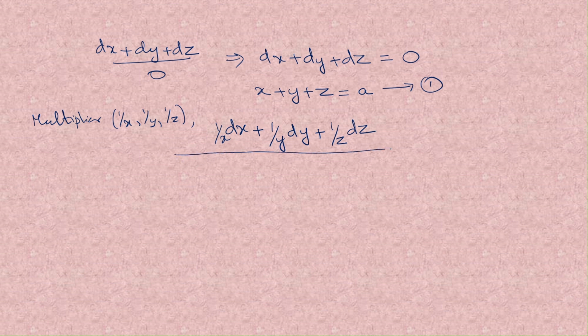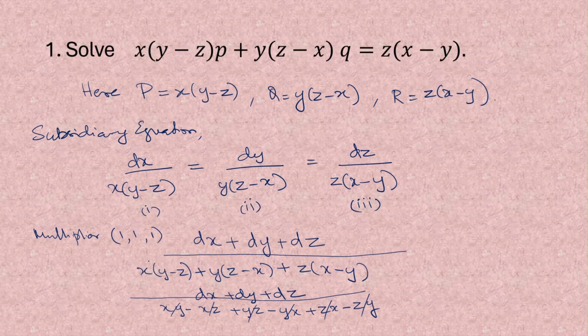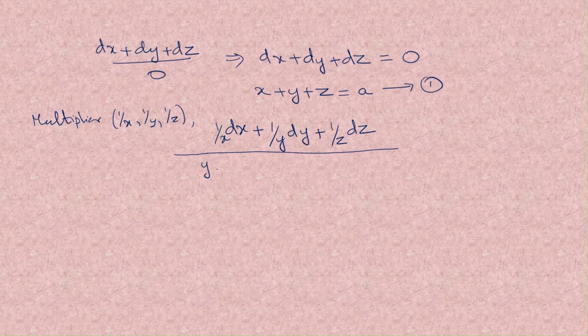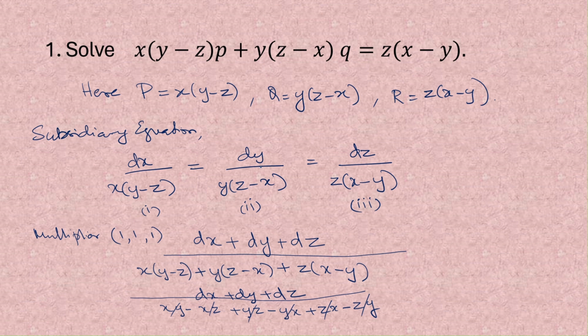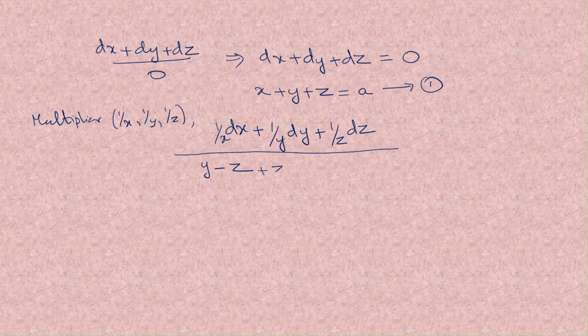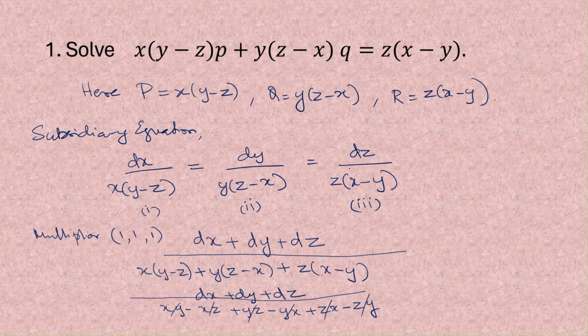In the denominator, x and x get cancelled in the first term, so we get y minus z. Next is z minus x. Next is x minus y.